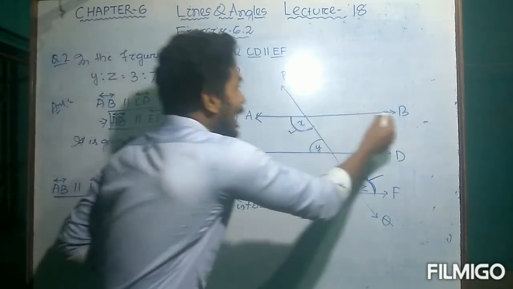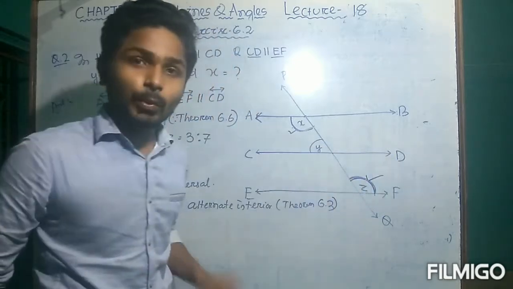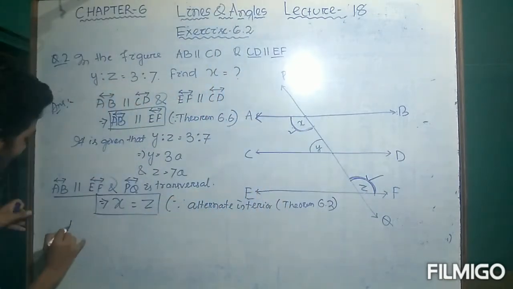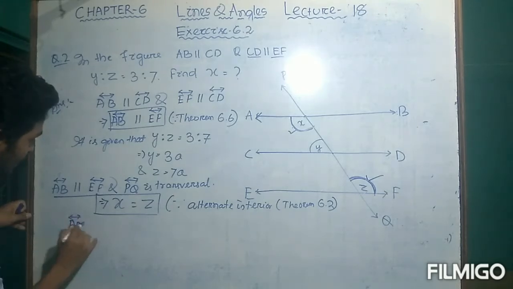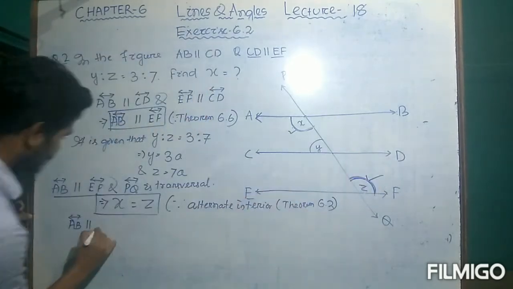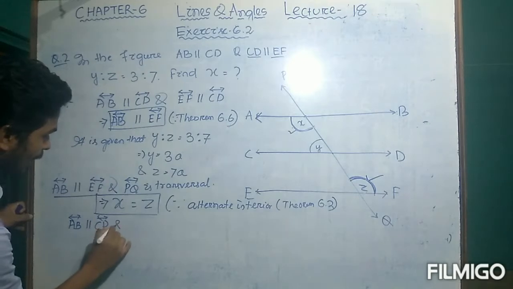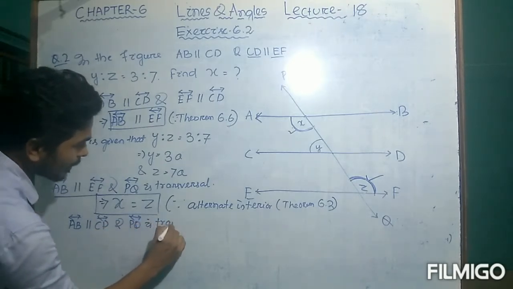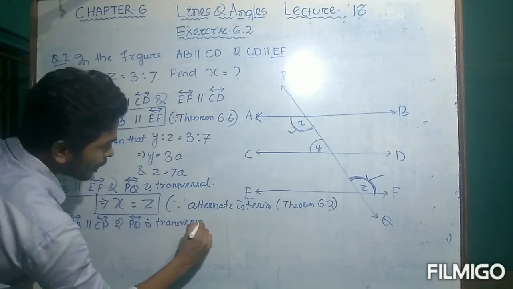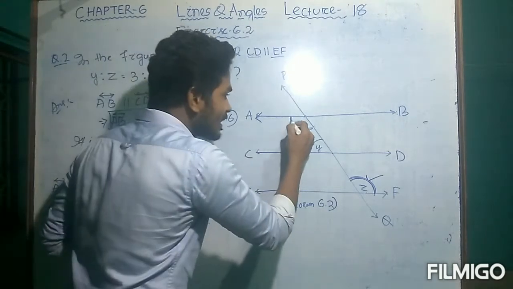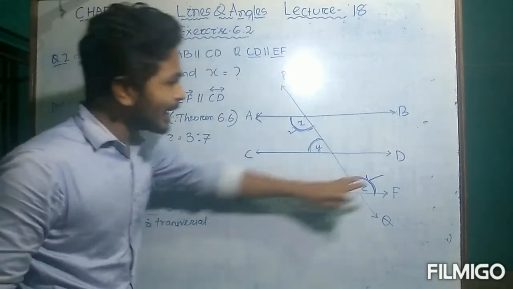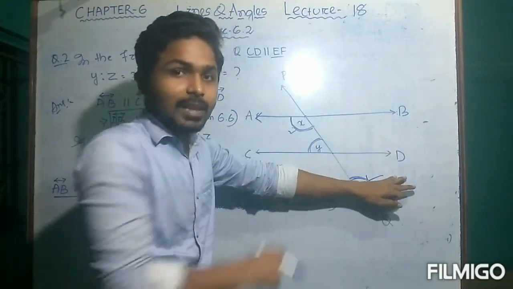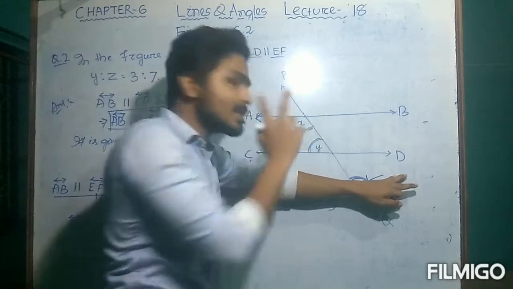Now, as you know, AB is parallel to CD. Yes or no? Yes. And PQ is a transversal line. So write it: AB is parallel to CD and PQ is transversal. Then tell me, what is the relationship between these two angles? Forget about EF. Only consider line AB and line CD. Both are parallel to each other and a transversal intersects them at two distinct points.